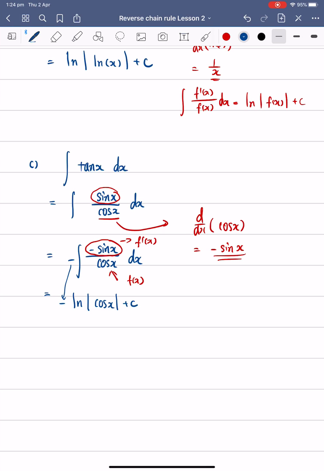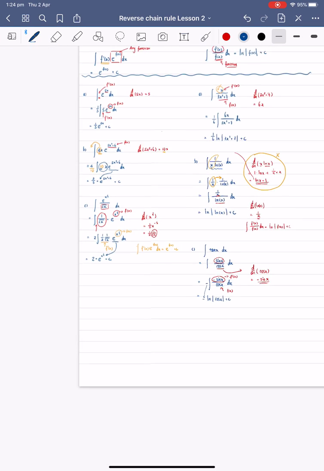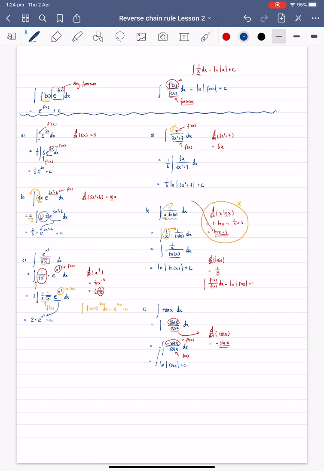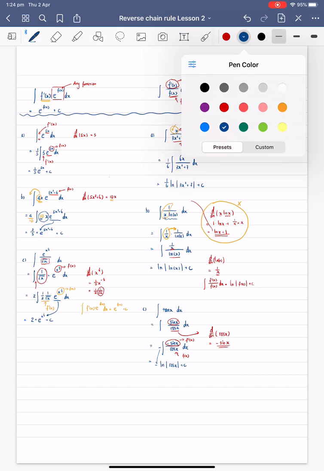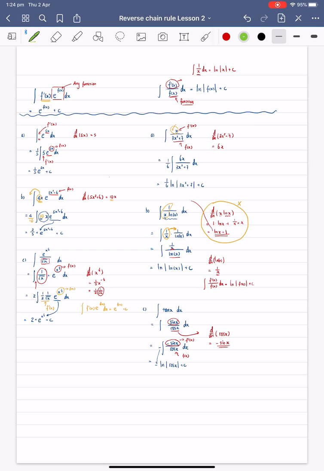So those are examples of using reverse chain rule on both exponential function and reciprocal function, where the answer is a logarithm function. It's really interesting, but try to understand that the most important thing with these two formulas is that you do have the f dash x right in the front before you can integrate.